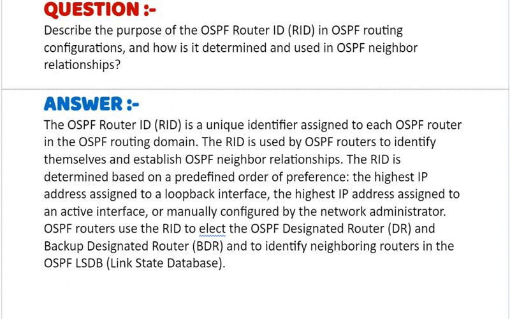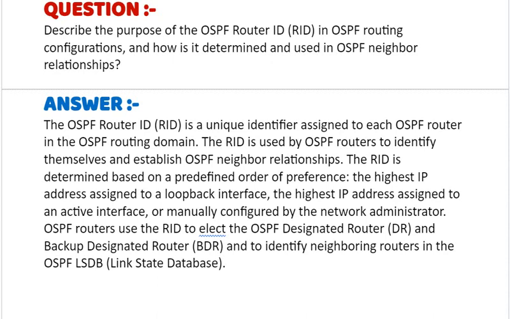Your answer should be: the OSPF router ID (RID) is a unique identifier assigned to each OSPF router in the OSPF routing domain. The RID is used by OSPF routers to identify themselves and establish OSPF neighbor relationships.